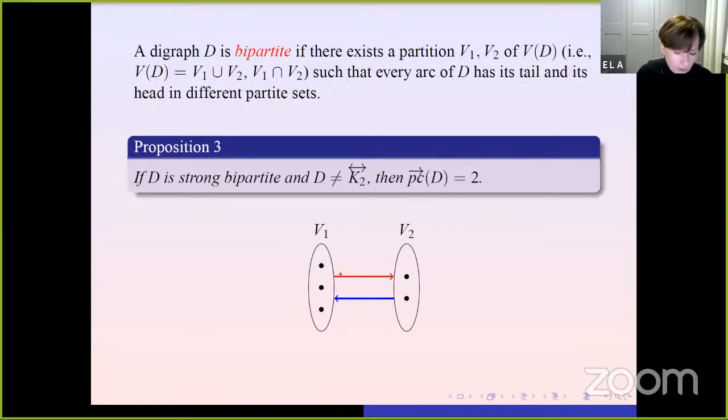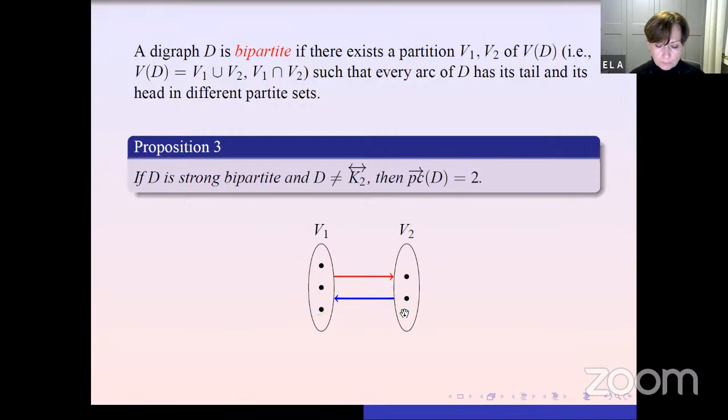All the arcs with the tail in the set V1 and the head in the set V2 we color with red, and all arcs with the tail in V2 and the head in V1 we color with blue. In such a coloring, every path is properly colored. So the coloring is properly connected.